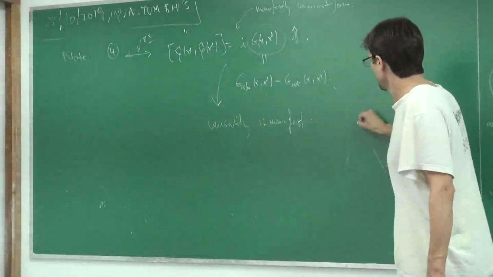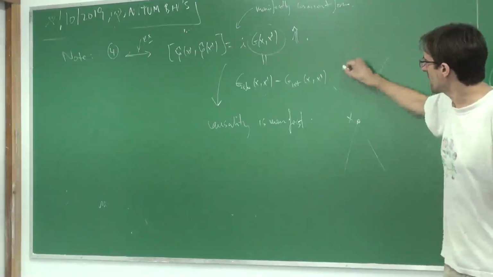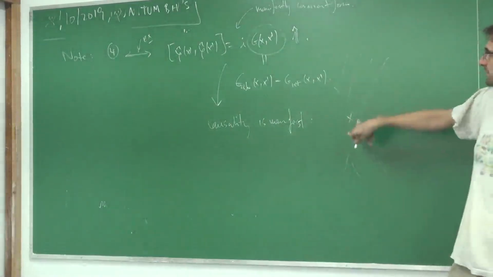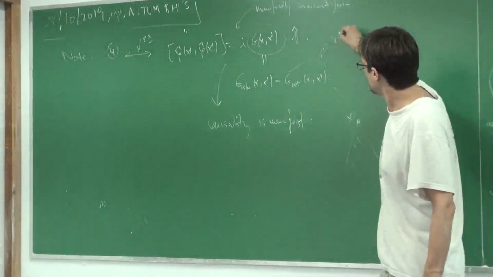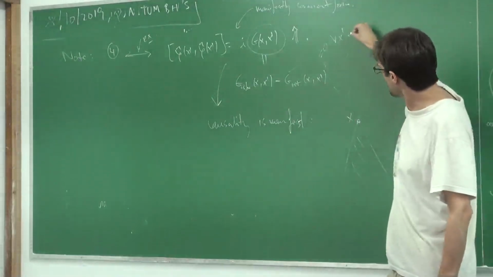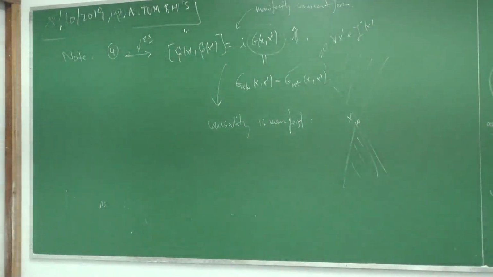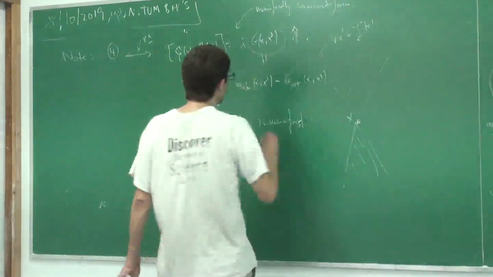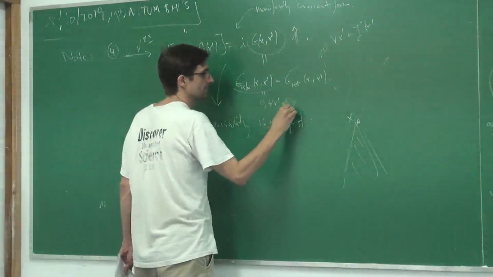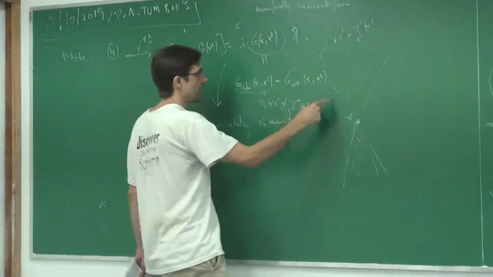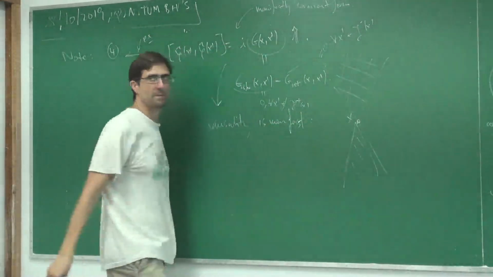So you have your point x. If you choose x prime anywhere outside the light cone, G retarded is 0 for all x prime not in the causal past of x. Okay, the causal past is this. The advanced one is 0 for all x prime not in the causal future of x. So advanced is 0 outside here, retarded is 0 outside here.